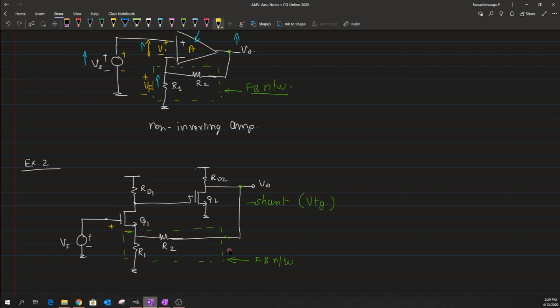So the VGS of Q1 appears as Vi in our case, and again the Vf appears as a drop across this resistance R1 as Vf. One can see that this voltage source Vs is nothing but a series connection of Vi and Vf, which means that we have a series connection at the input. So the type of feedback network that we have is a series shunt feedback. Okay, so I hope that you're clear with it.